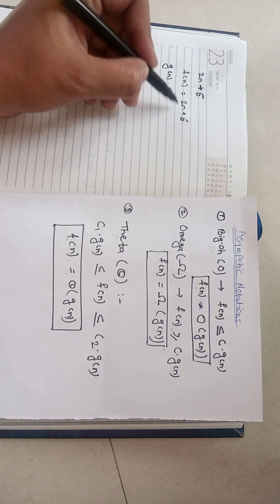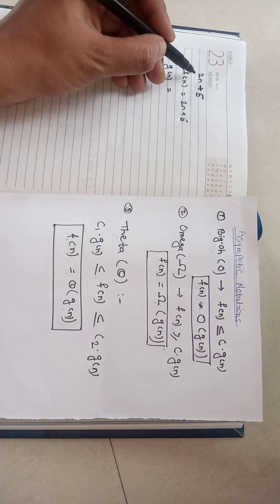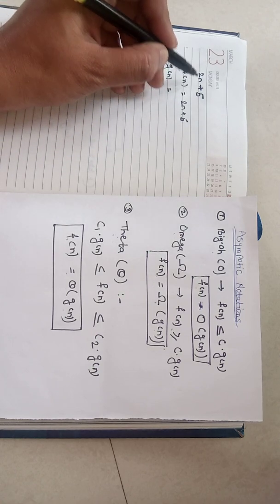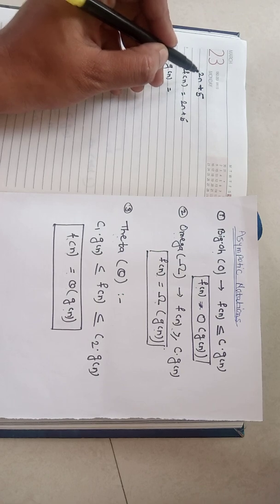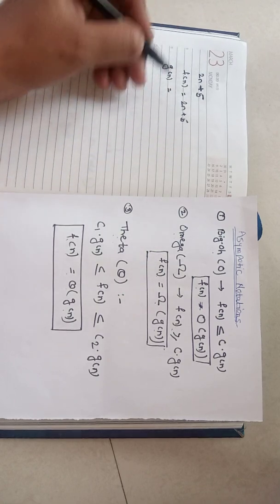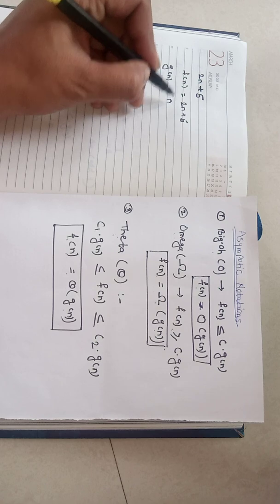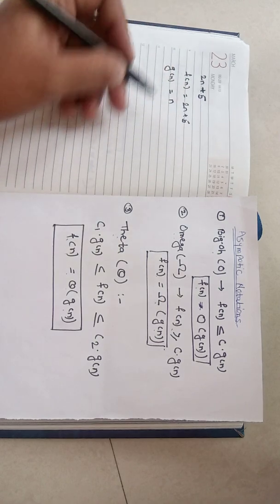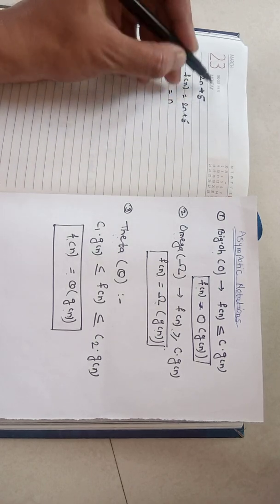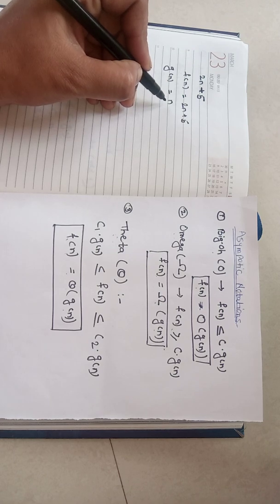So remember, we always take the value of g of n from the highest power of n. What is the highest power of n? N to the power 1 is the highest power of n in this equation. So we are getting n here.